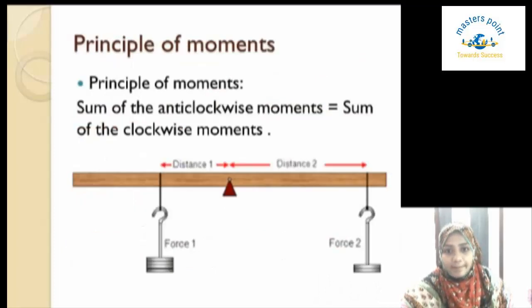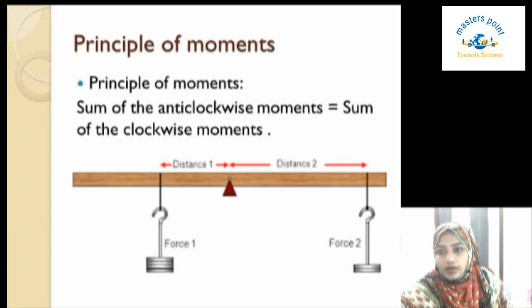Let's check it out with some examples. Suppose I am considering a weight of 300 gram. This I'm considering to be 3 kg, and this I'm considering to be 2 kg. The distance here is, suppose, 4 centimeter, and the distance here is 6 centimeter.